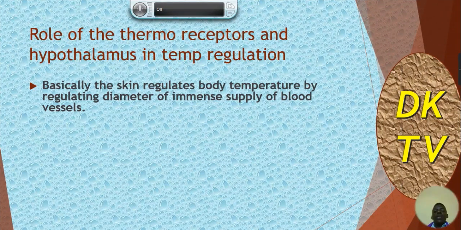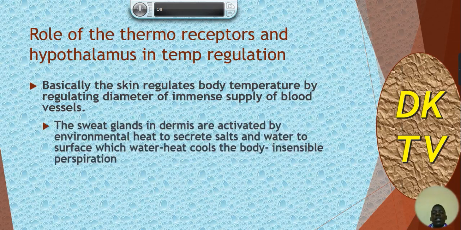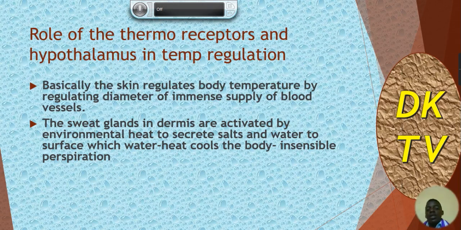The role of thermoreceptors and hypothalamus in temperature regulation. Basically, the skin regulates the body temperature by regulating the diameter of the immense supply of blood vessels that go to it. The sweat gland in the dermis is activated by environmental heat to secrete salts and water to the surface.